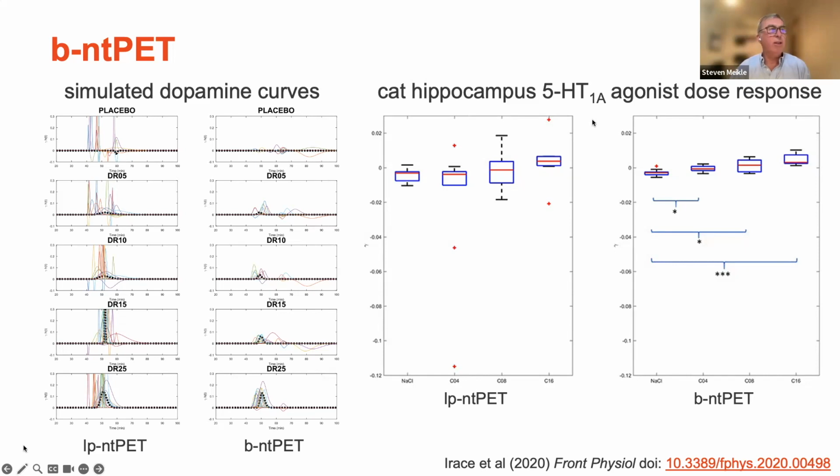So they're using a 5-HT1A agonist to challenge the tracer, and they saw a nice dose response relationship using their Bayesian method on the right here, with significance at each of the increasing doses. And they weren't able to see the same dose response relationship with the vintage LPNT-PET, and they had quite a larger number of outliers in that data set.